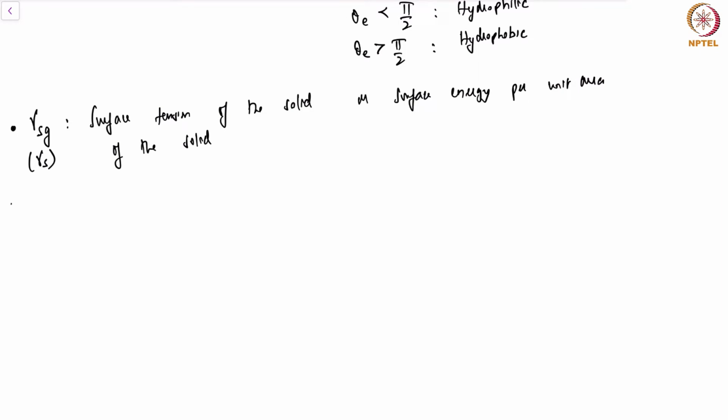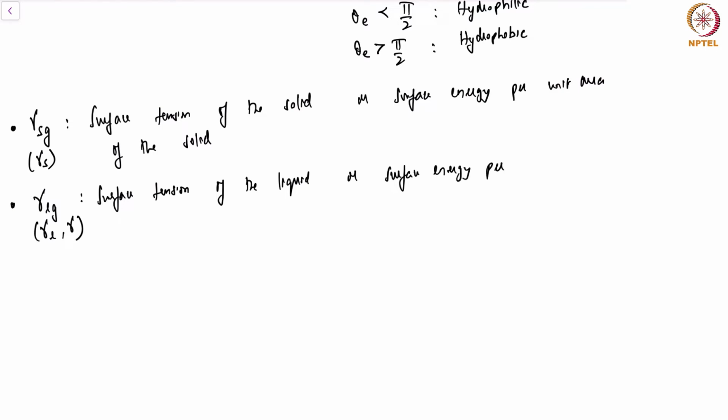Then the other energy that we want to know is gamma Lg, and this is also nothing but just gamma L or simply gamma. This is the surface tension of the liquid, or surface energy per unit area of the liquid-air interface.